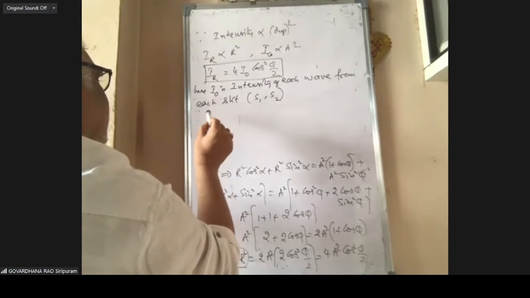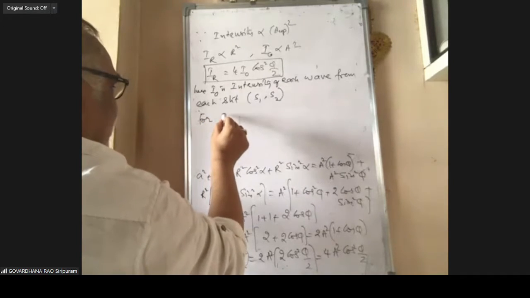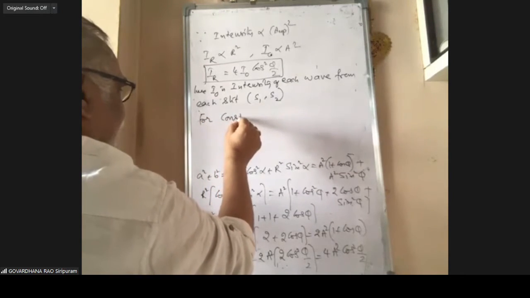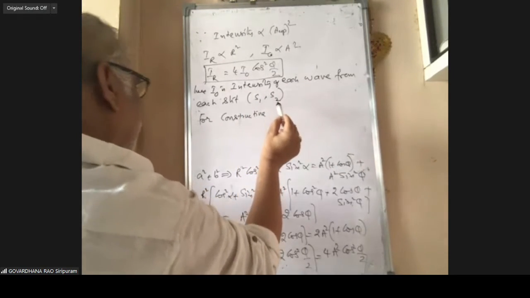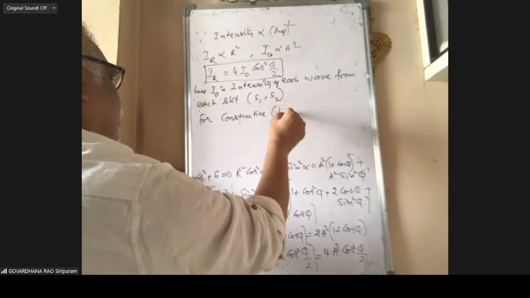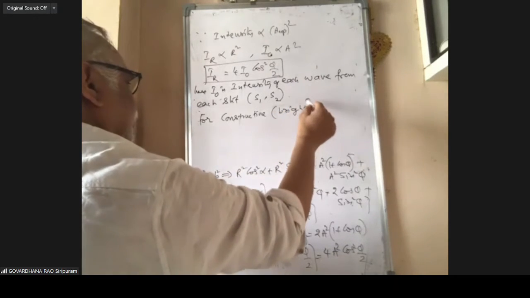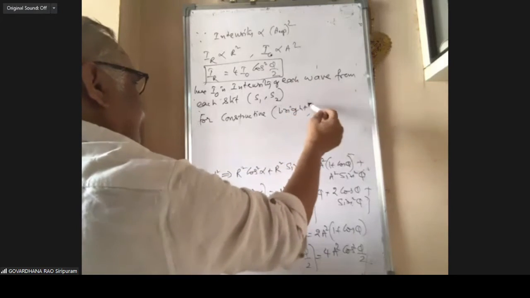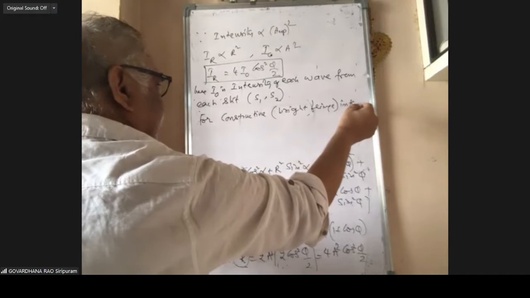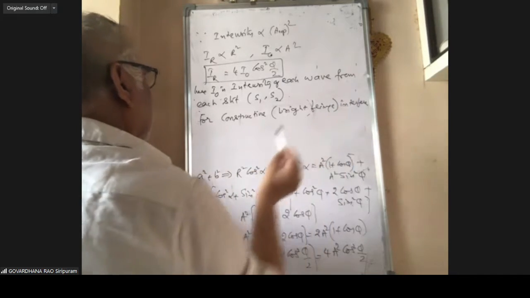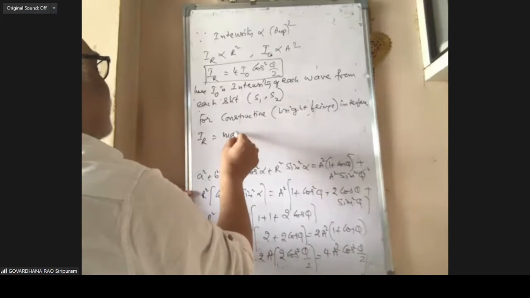See, now for constructive interference, that means bright fringe, the resultant intensity should be maximum.